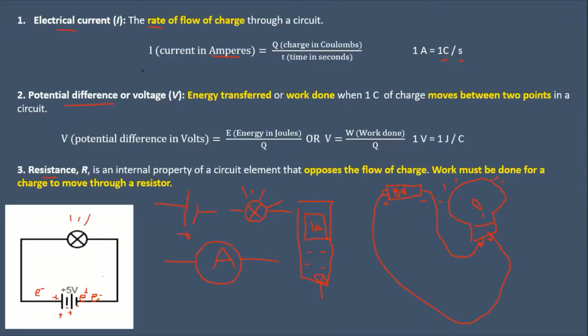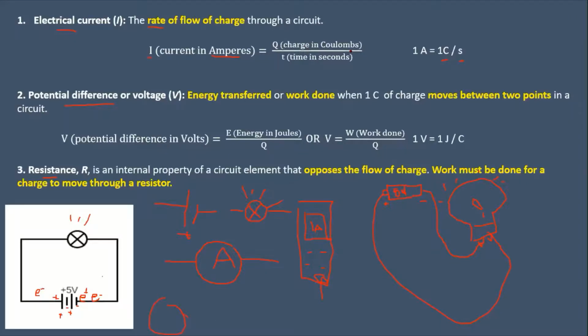So the equation that represents current is given by I equals Q over T. And like I've said, current is measured in amperes, and charge is measured in coulombs. That charge is represented by Q. In our case, it is an electron.